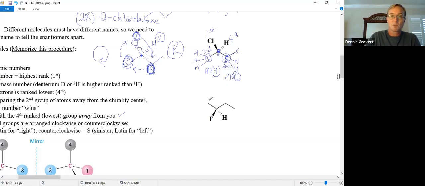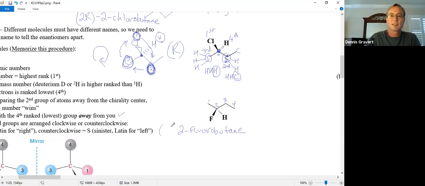So this is going to be 1, 2, 3, 4. And then now the name of this compound. I'll name and number the substituents, the branches. That's a 2-fluoro. Don't know why I capitalized the F. 2-fluorobutane.